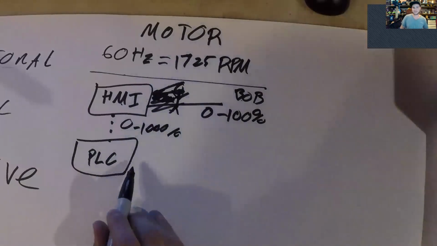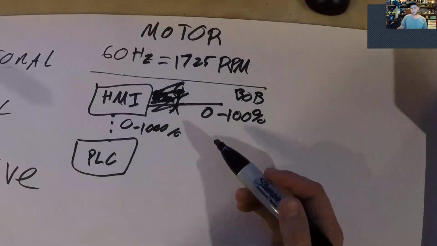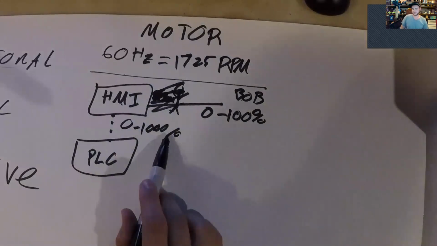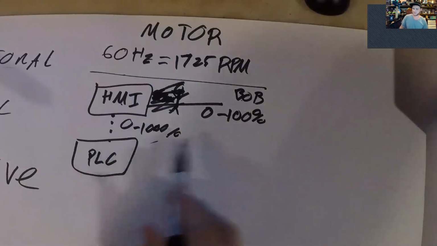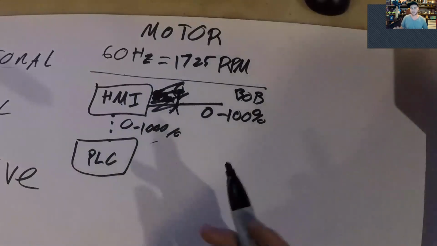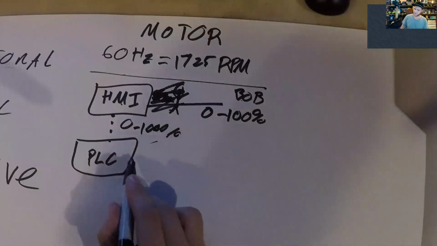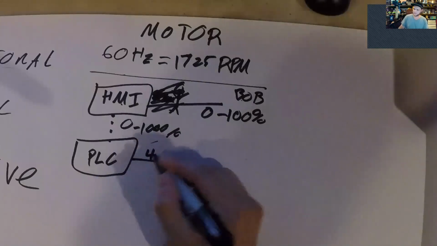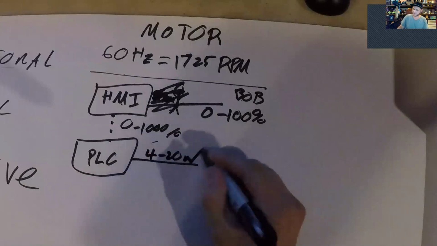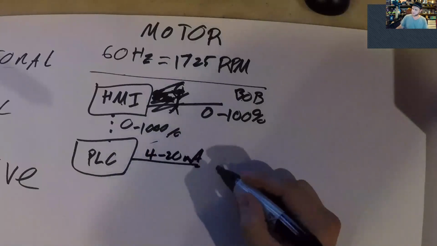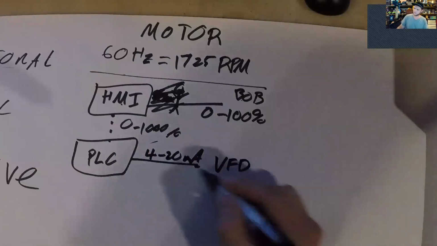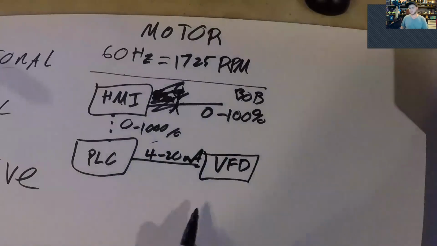Then the PLC takes that input value, which is a digital value. I think it's an integer, it might be a float, whatever. It outputs an analog signal of 4 to 20 milliamps to the VFD, which is our motor controller.